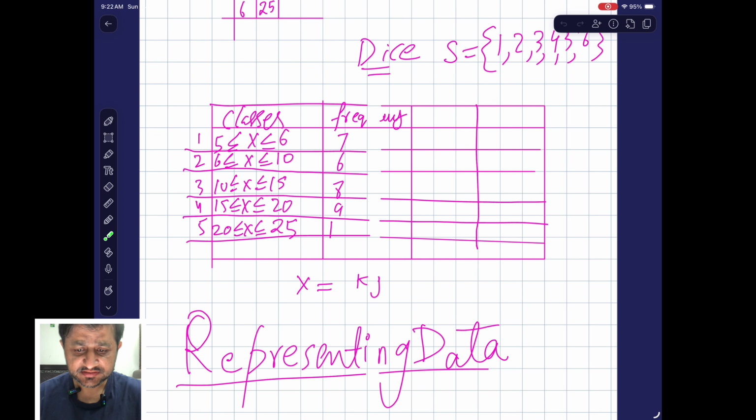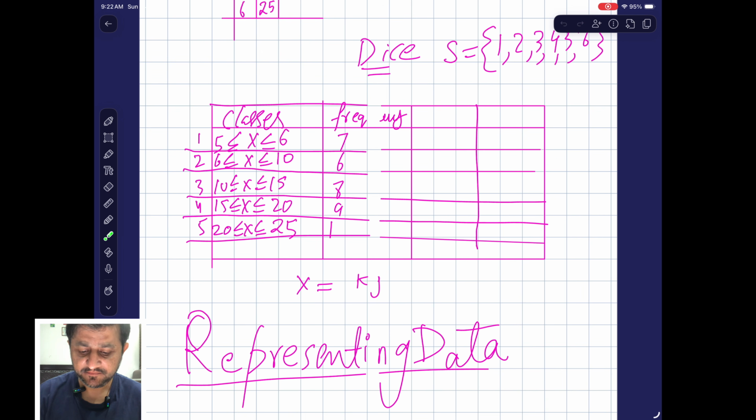And now it is presenting the data. Presenting the data is like when you draw a graph or diagram of the data. There are different types of diagrams we have in presenting the data. For example, we have the bar chart, you may have studied in grade 6, 7.